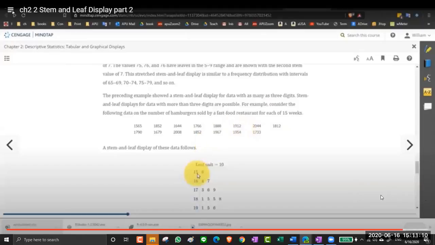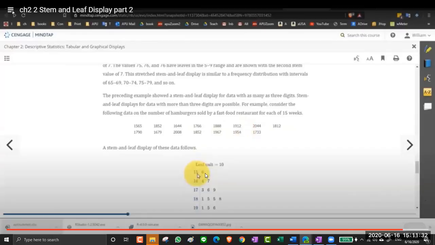Okay, so what does this 15/6 mean? 156. It means this number here, right? 1565, right? So the leaf unit is 10. So this is 15 and then 60, actually.